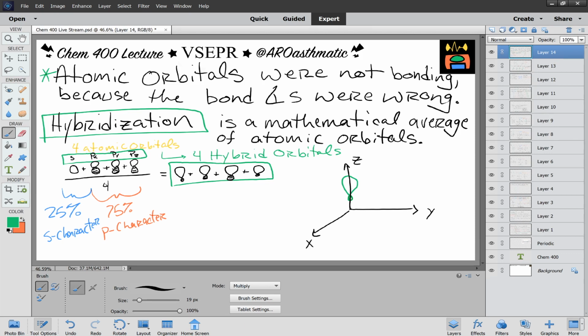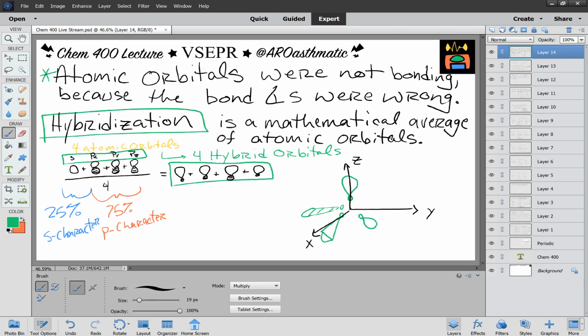The second is in the zy plane, kind of angled down. The third comes out at you, and then the fourth goes back behind, kind of like a wedge and a dash.